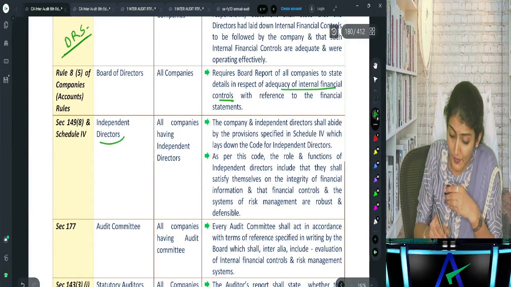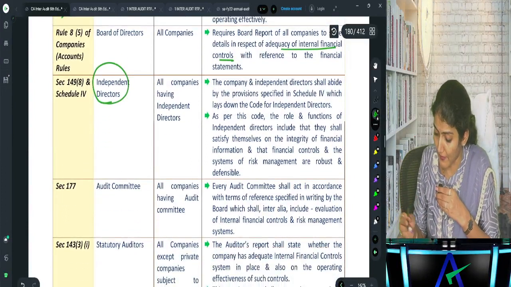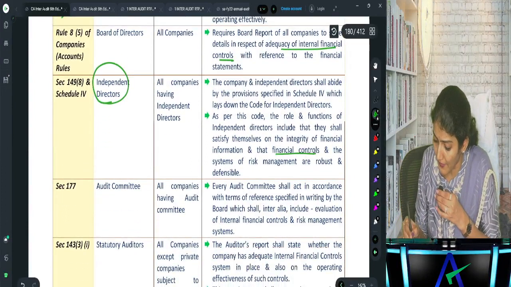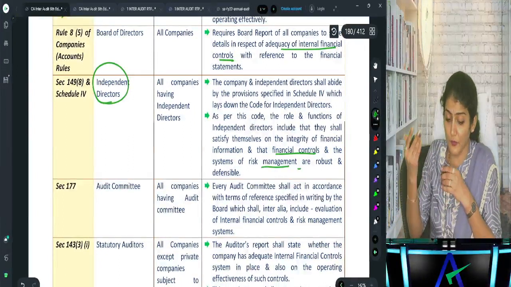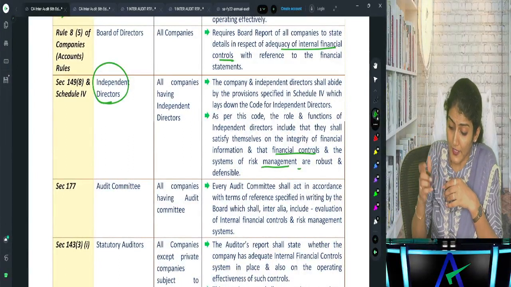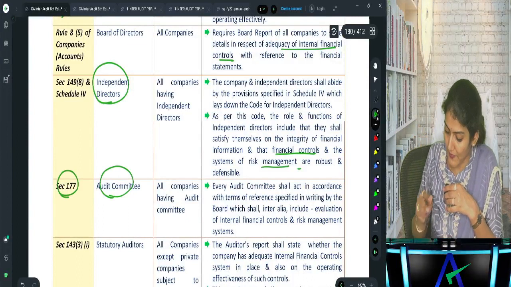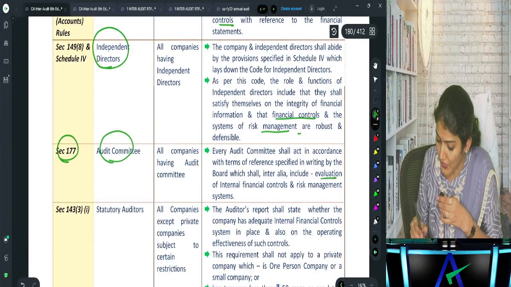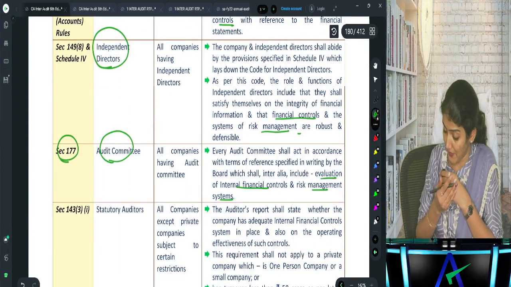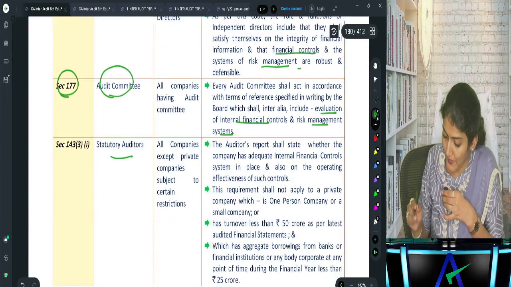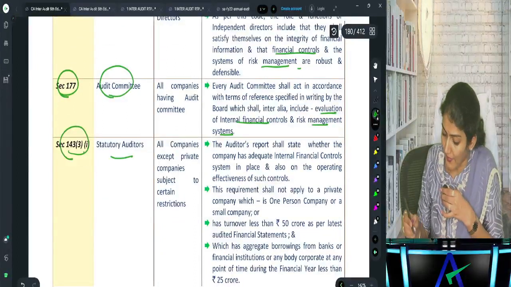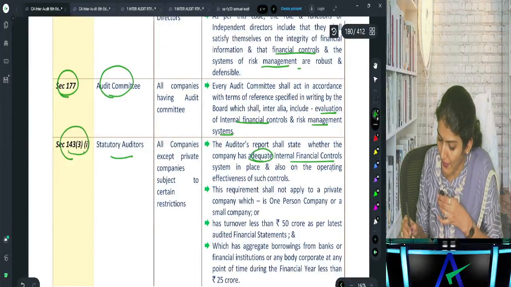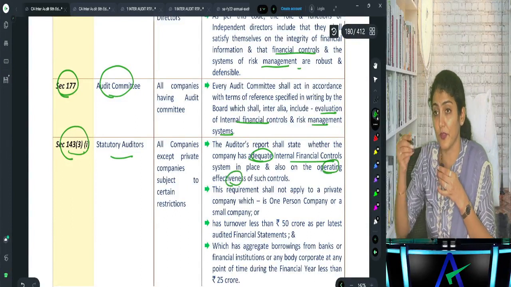Then also it's given in the duties of the independent directors that the company should have the internal financial controls and the systems of risk management. Then audit committee of a company, as per section 177, they also need to check for IFC and risk management. And statutory auditors of the company, as per 143(3)(i), they also need to do the reporting on the adequacy and the operating effectiveness of the IFC.